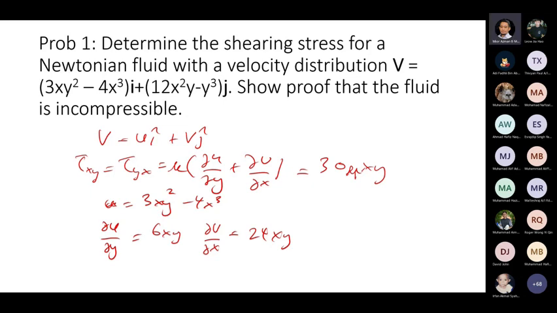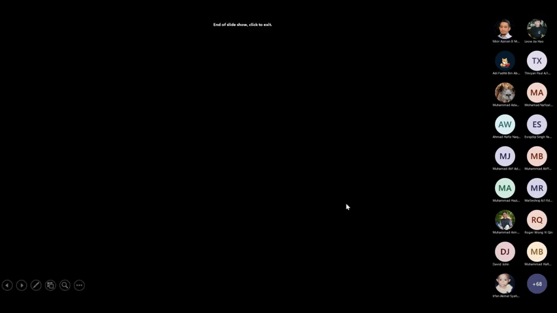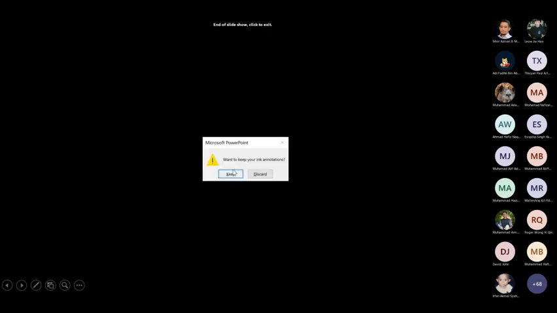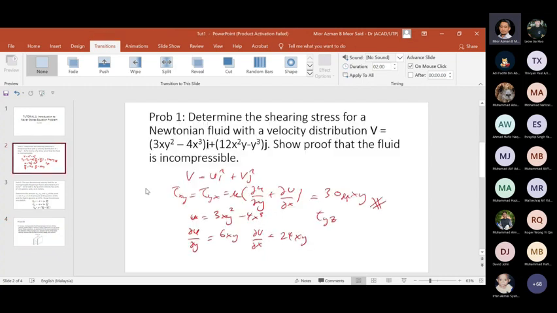So you have the shear stress for this Newtonian fluid with velocity v, on the surface xy and yx. Looking at the other formulas as well, you have tau yz, the shear stress on the surface yz, on the other surface as well.